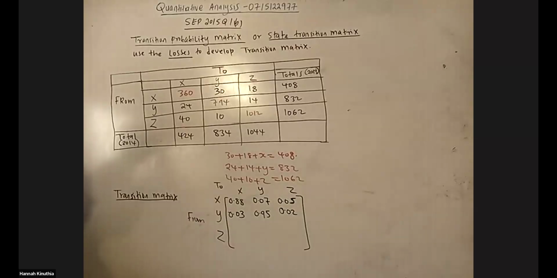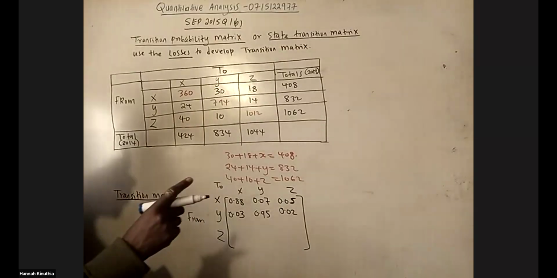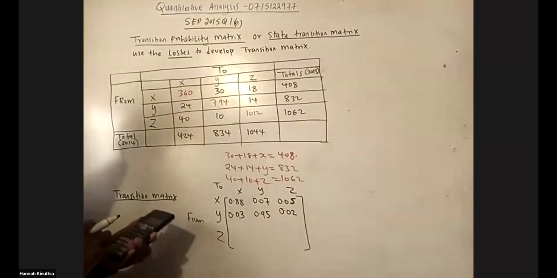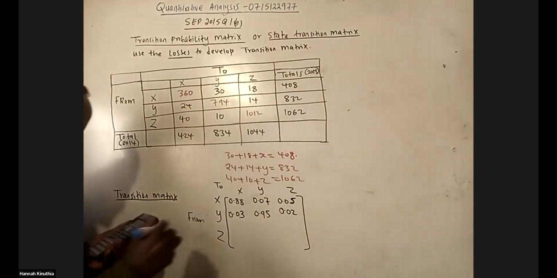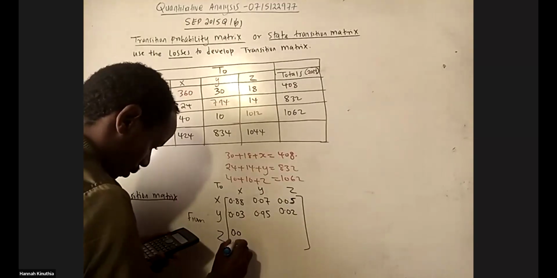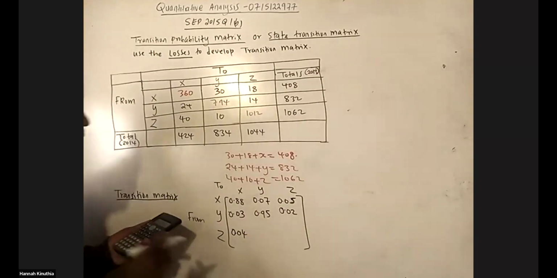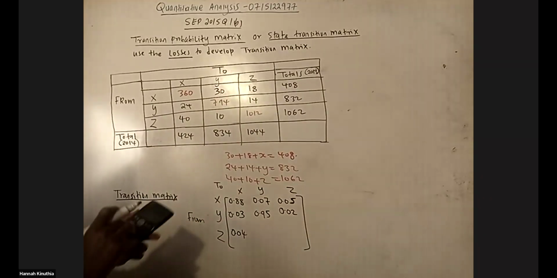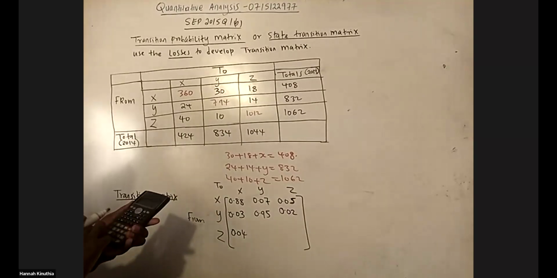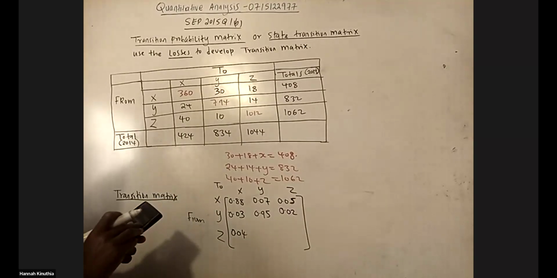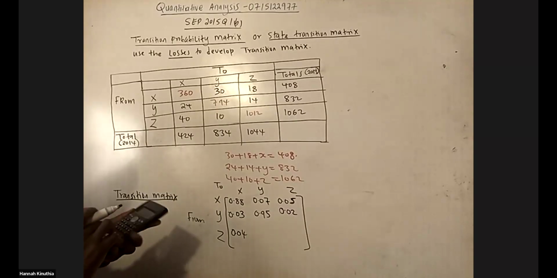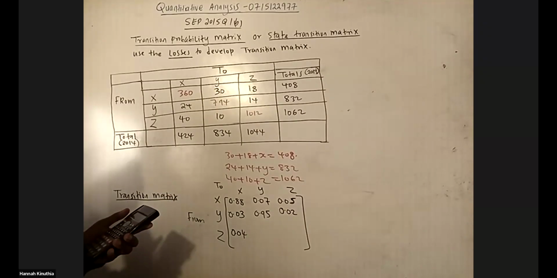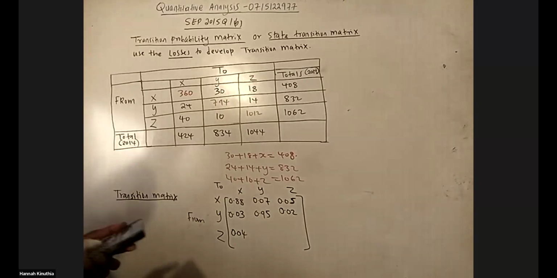Do you see how we are moving? It may come in the exam, so take note. So 40 divided by 1062 will be equal to 0.04. Then 10 divided by 1062 will be how much? We shall round off.